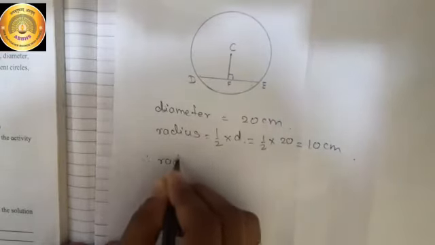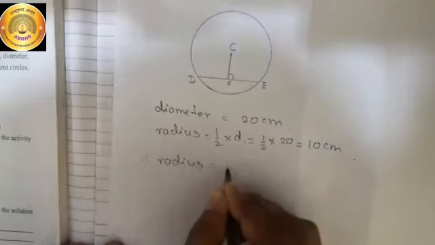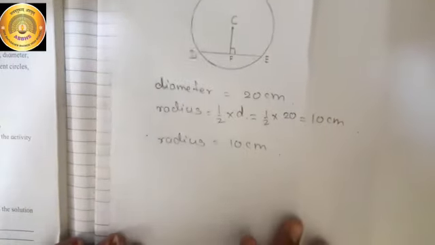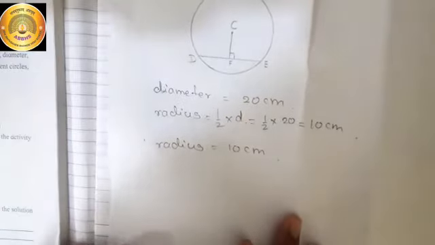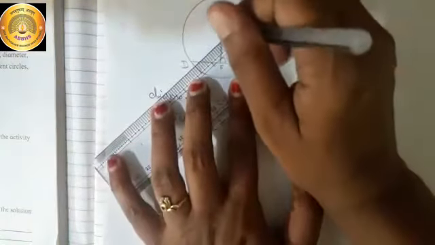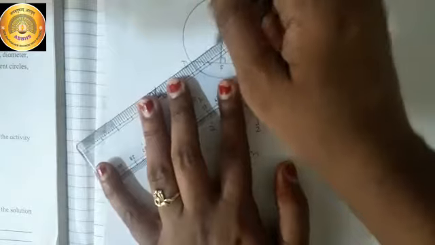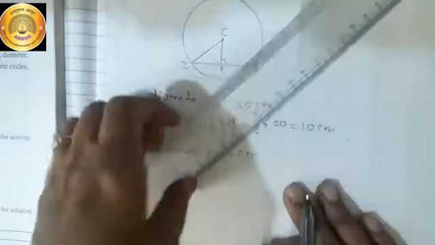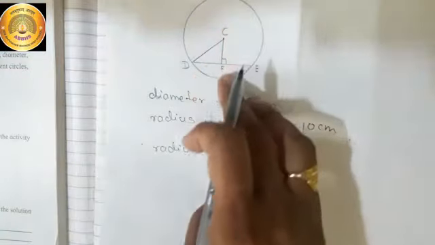Therefore, radius equals 10 centimeter. So we got the radius. Now if I join this radius, that is CD, which is a radius, I get the triangle CDF.